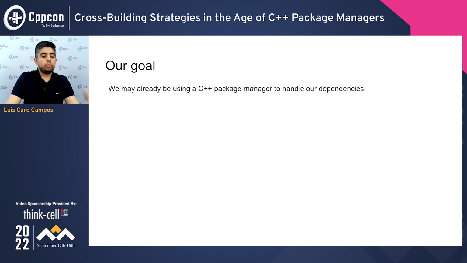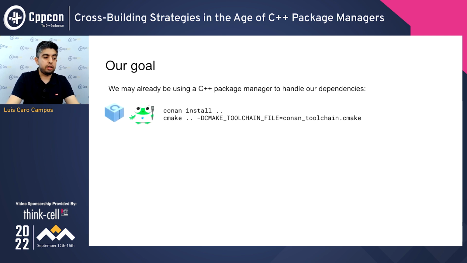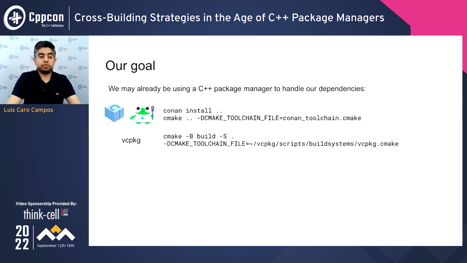In recent modern C++ projects, we may already be using a package manager. For instance, in this hypothetical CMake project, we may run conan install to generate the toolchain file that we can feed to CMake to get all dependencies. In vcpkg, the workflow is very similar as well.